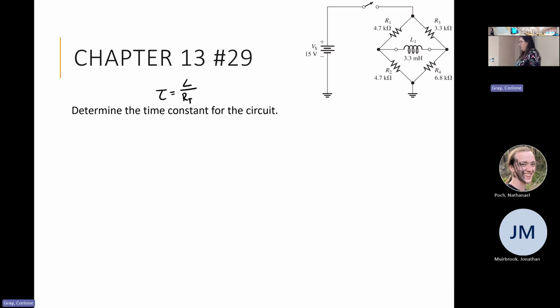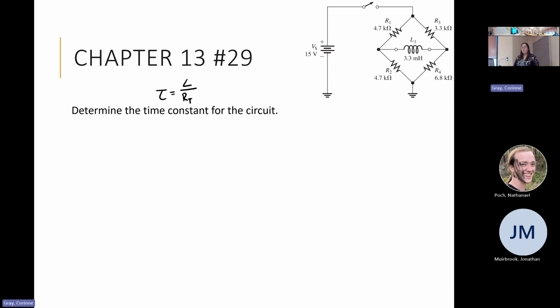So what we want to do is basically figure out a way to represent this particular circuit with our theorem. In going through this process, that's going to allow us to solve for RT.